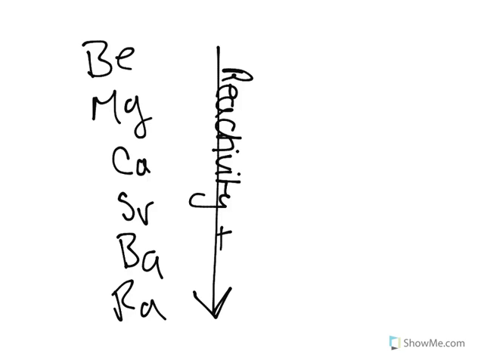As you go down the group, the atomic radius becomes much bigger, which outweighs the increase in nuclear charge, which makes it easier for the electrons to be lost from the outer shell. And also there's a lot more electron shielding because of all the electrons in between the nucleus and the outer shell that are repelling the outermost electron. So the reactivity increases down the group.